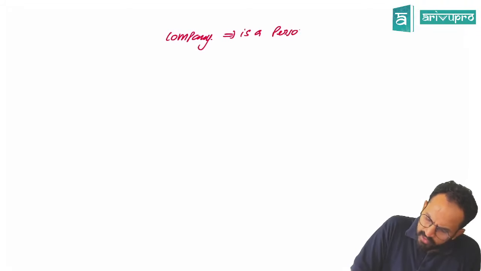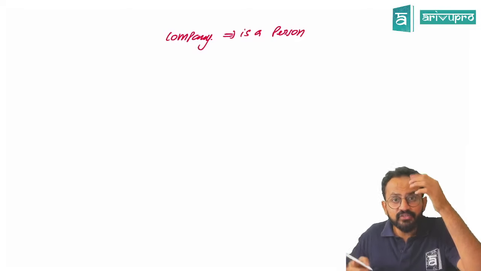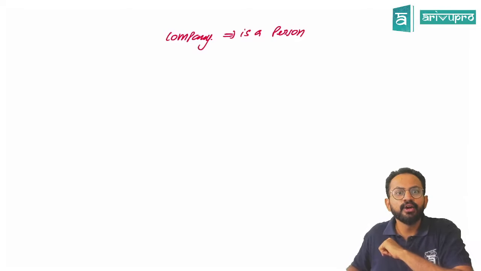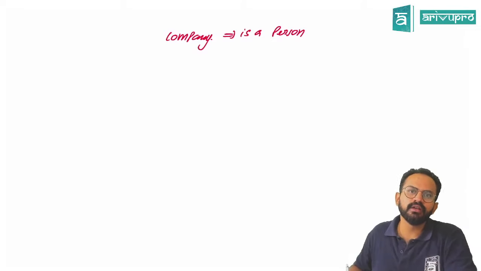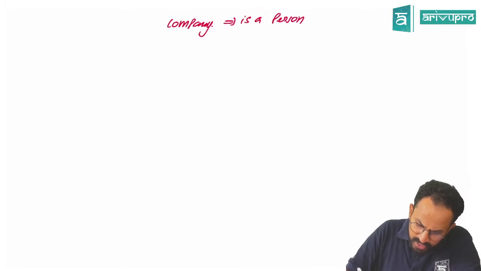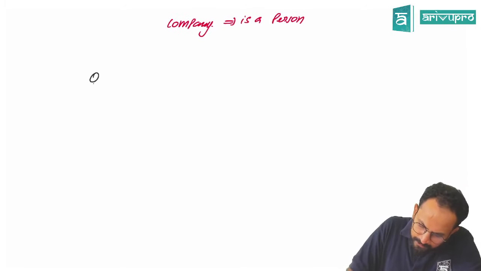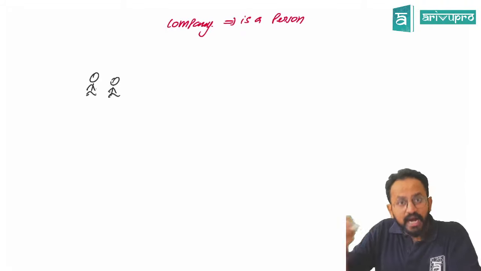Okay, what if he's a person? Whatever rights you people enjoy, all those rights are given to the company as well. People, always remember this, very, very important. The moment people, generally you call them promoters, people who start the company.